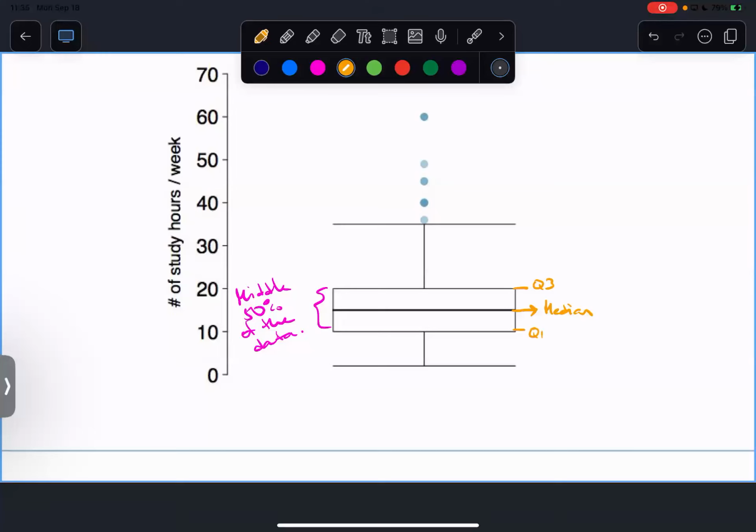So this is another way that we can visualize numerical variables, right? We had histograms, but box plots allow us to, so we use box plots to visualize numerical variables.